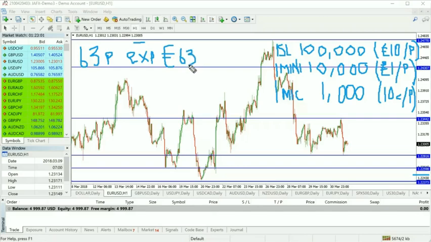So let's say we happen to be trading a 5,000 USD account, and our overall exposure happens to be 63 euros.